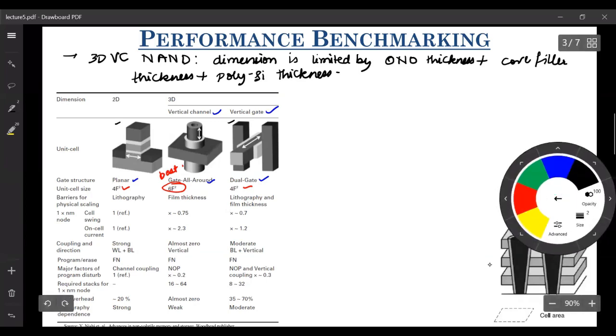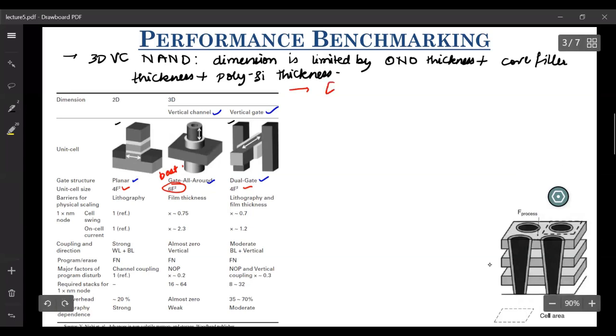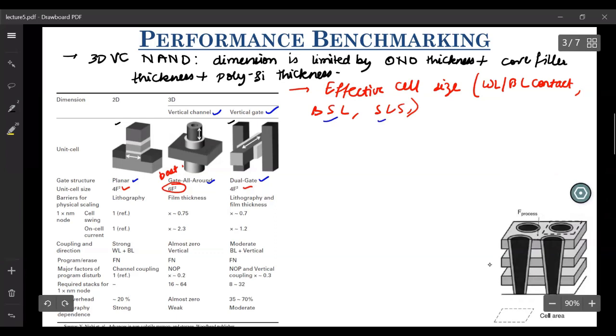However, let me write this as well. If you look at the effective cell size, which includes WL, BL contact, BSL, SSL, and the source line selector, or SLS, whatever you call it, then since BSL, SLS, and WL, BL contacts are all included on the vertical channel itself, on that pillar you have this SLS and this BSL.